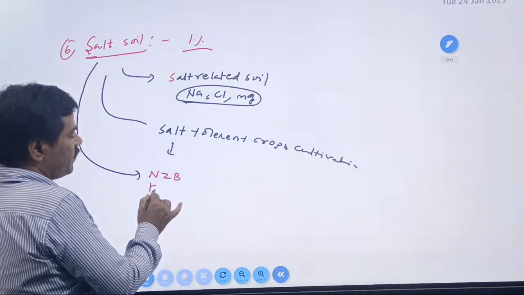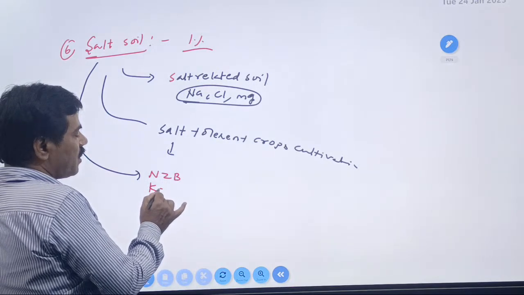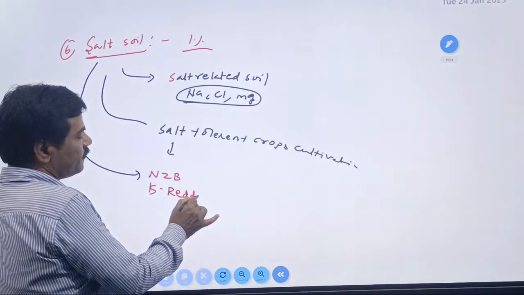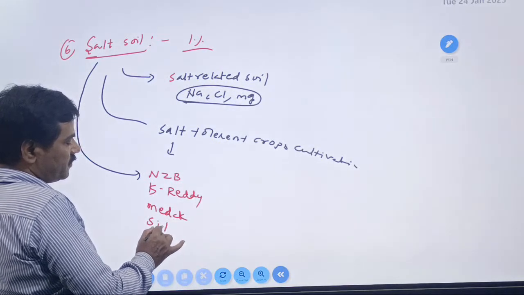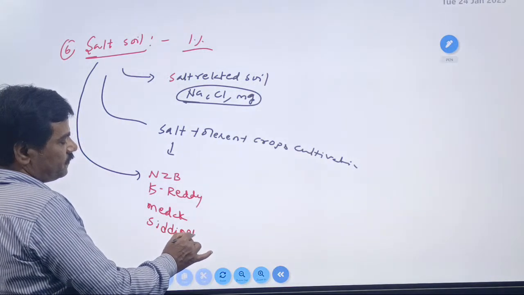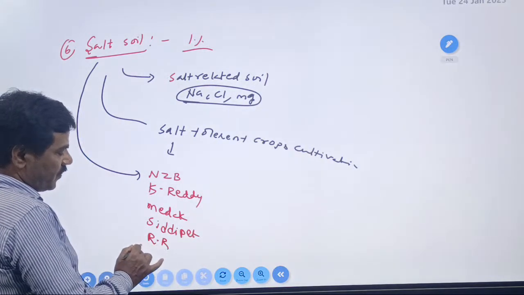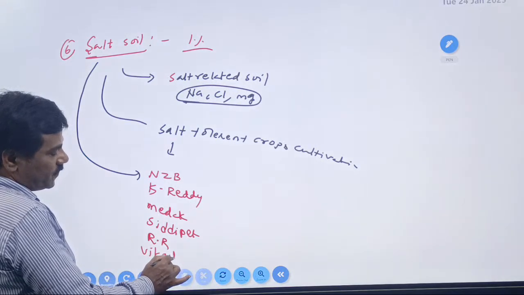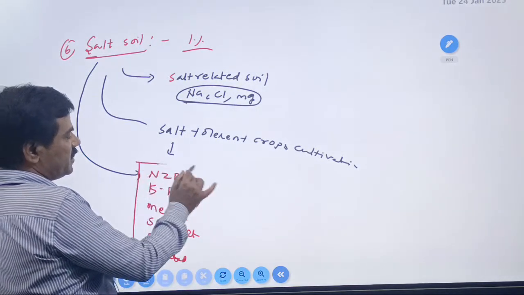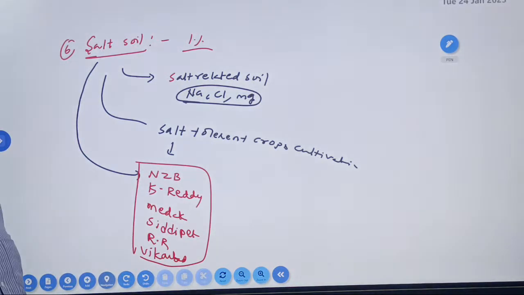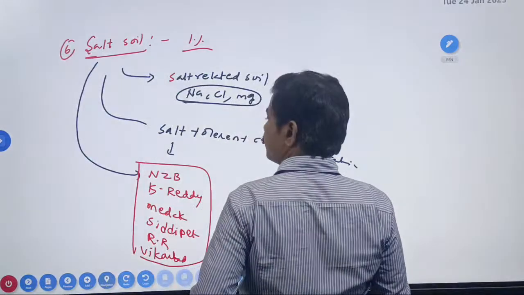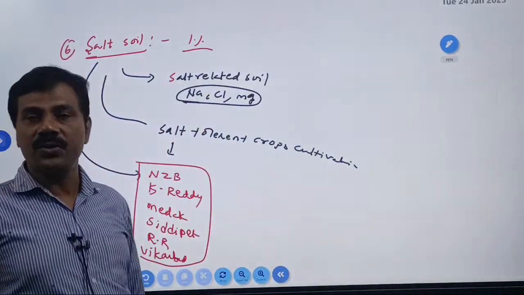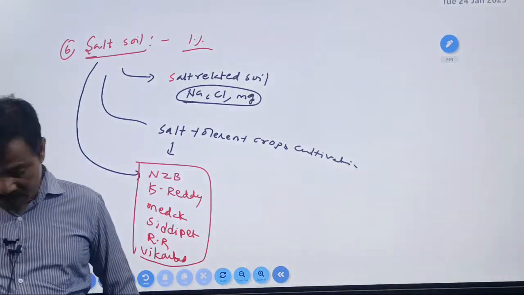In Telangana: Nizamabad, very small; Kamareddy, Medak, Siddipet, Rangareddy, Vikarabad. These are the districts which have salt-tolerant soil, where salt-tolerant crops are cultivated. Okay, this is about the Telangana soils, the complete structure.